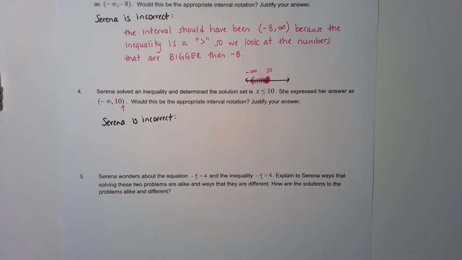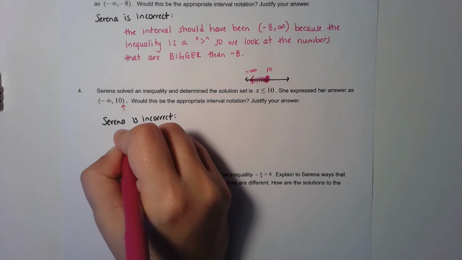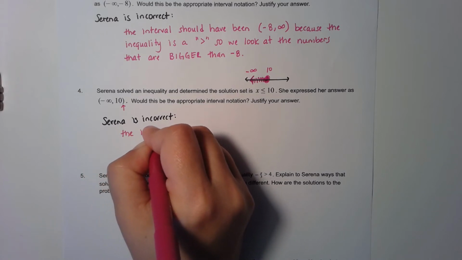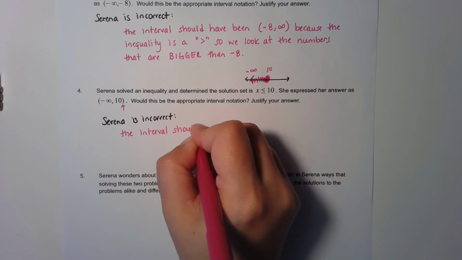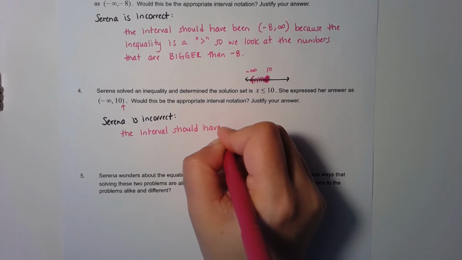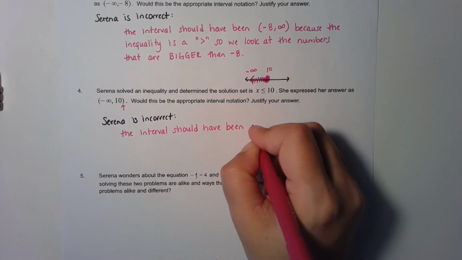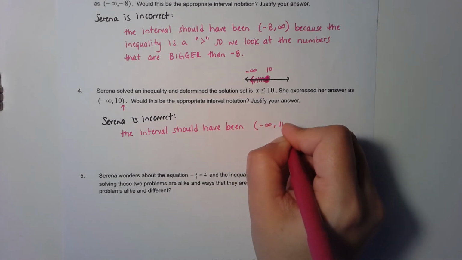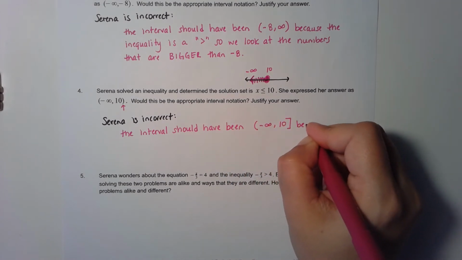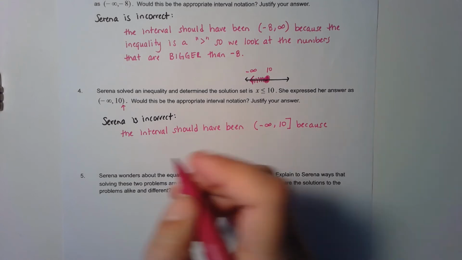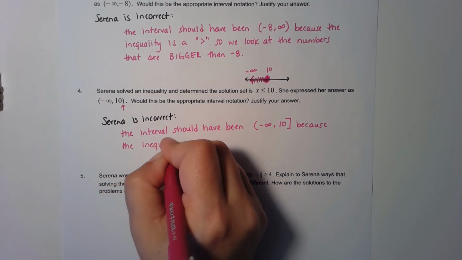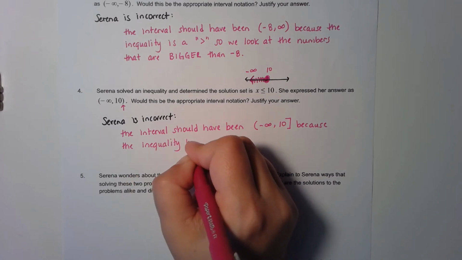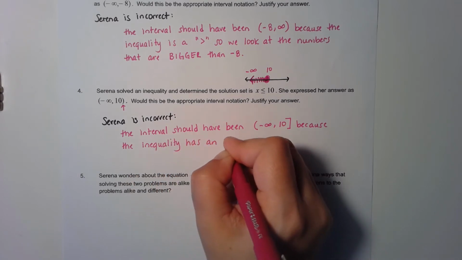And the reason is because the interval should have been -infinity, comma 10 with a bracket because the inequality has an equal to.